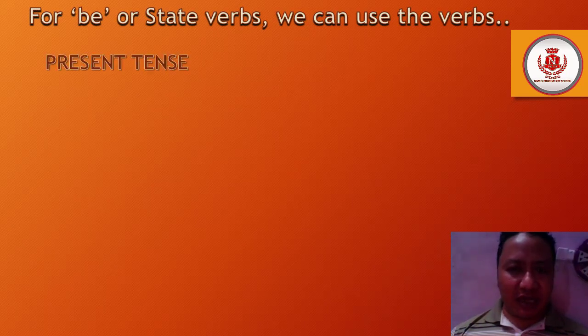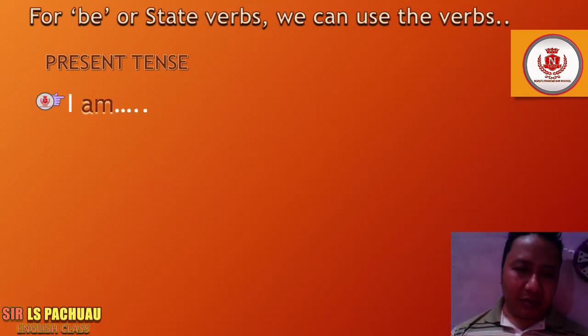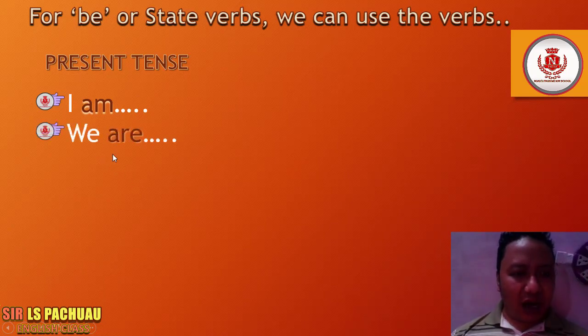We can use the verbs like in present tense, I am a man, or I am a boy, I am a girl, like that. Am is the verb. Understand? State verb. We are. We and are. So we are in subject verb agreement. So if I say we am, it's not going to be correct.